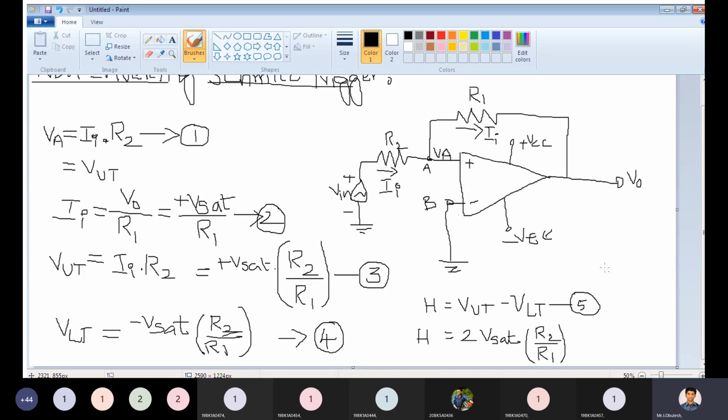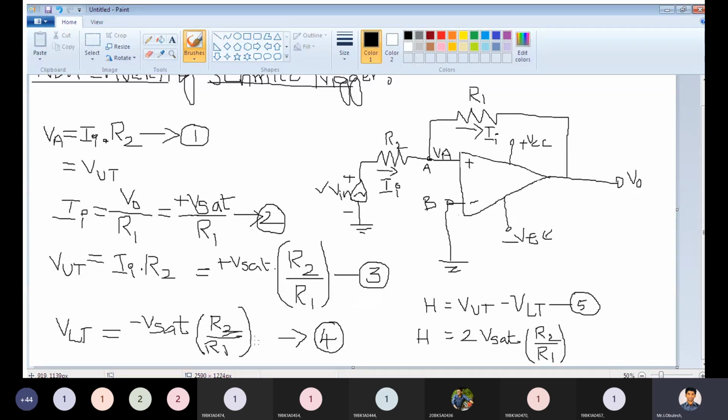Okay, fine. Let us assume that if the input voltage V_IN is less than V_LT, minus V saturation into R2 by R1, what will happen?